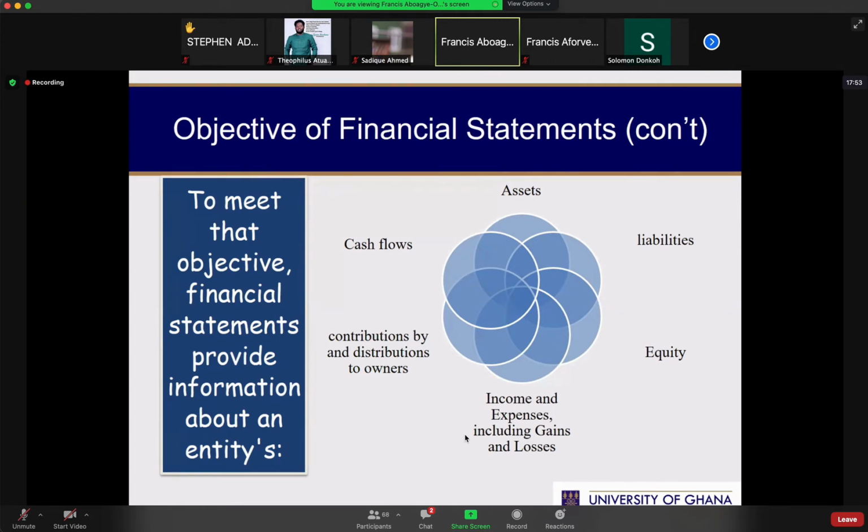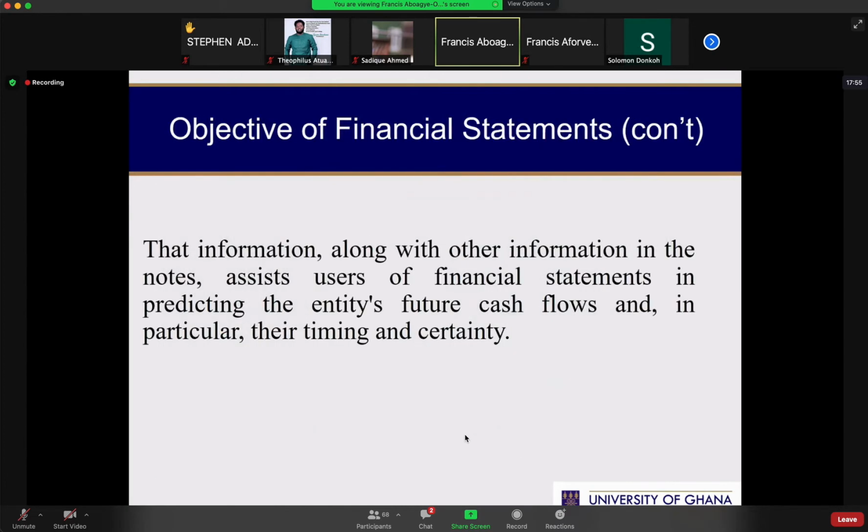Okay. Now, what we need to understand is that information that is provided, and usually when we look at the components, we see that we're talking about not just the financial statement, but also the accompanying notes.